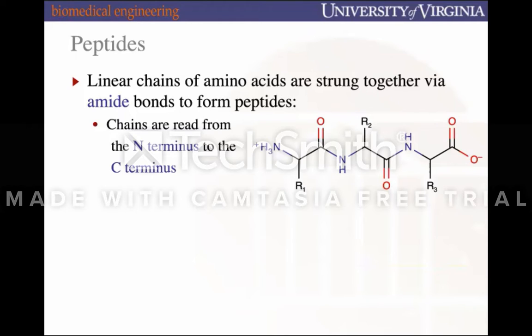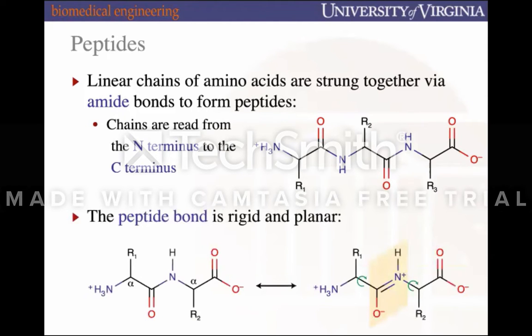And so you'll string these together, and we'll talk a little bit later about how these amino acids are strung together, the bond that holds them together. But whenever you're reading a protein, you're always reading from the N terminus, the amine group, to the C terminus, the carboxyl group.